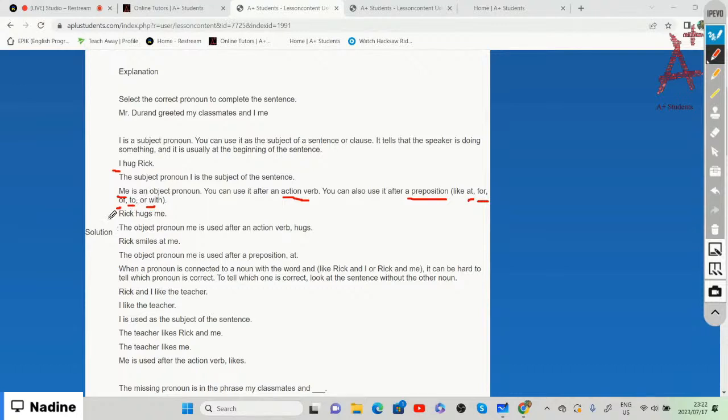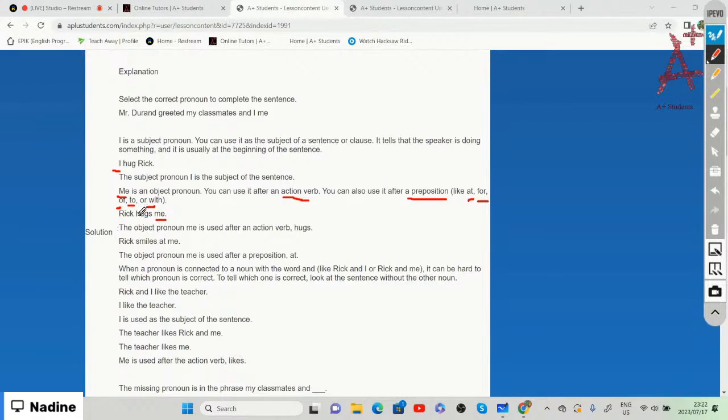An example of this is Rick hugs me, right? So me, as the object pronoun, is used after the action verb, which is hugs. Once again, the subject pronoun I tells us the speaker is doing something and it's usually at the beginning of a sentence.